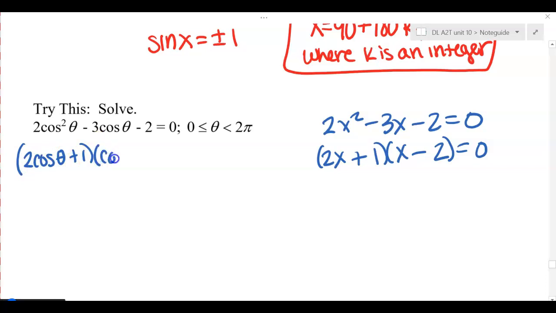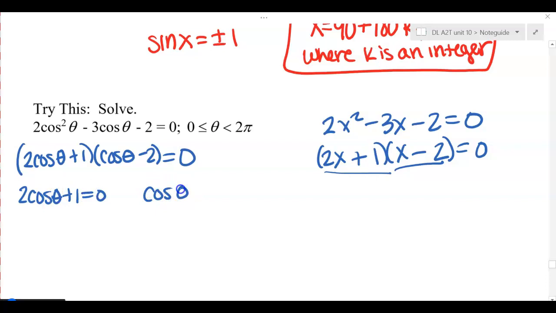And then the other factor is cosine theta minus 2. And just like we would if we were using these, we'd set each factor equal to 0. So that's what I'm going to do over here. So I would get that cosine of theta could equal negative 1/2, or cosine of theta could equal 2.